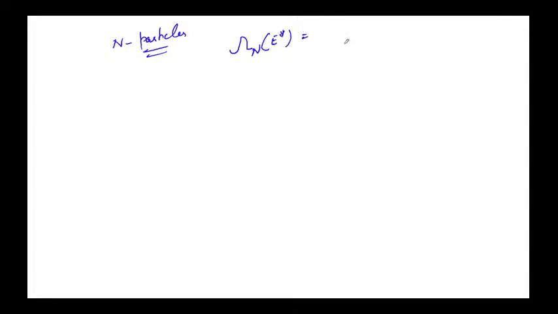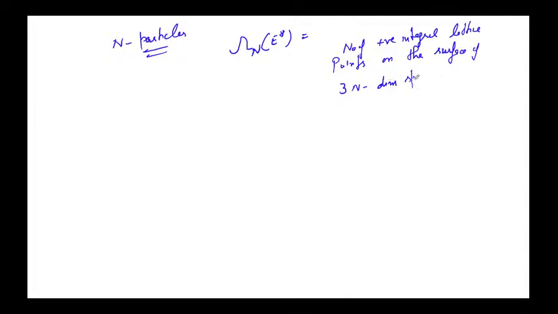These represent the number of positive integral lattice points on the surface of a 3n dimensional sphere of radius square root of E star.